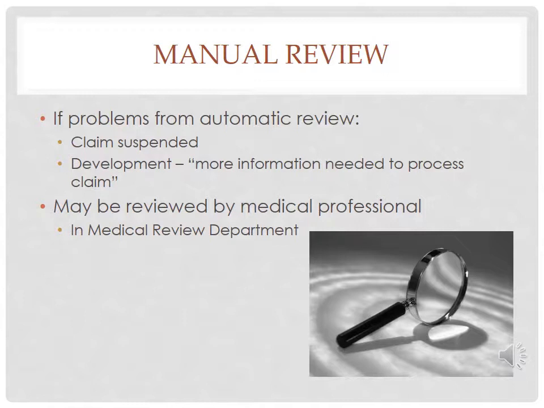If the automated review results in any kind of a problem, the claim is suspended and it is set aside for further review called manual review. And so here the claims examiners might ask for professional advice from a doctor or a nurse or someone who can check out and give some more information about the claim to find out what's going on.